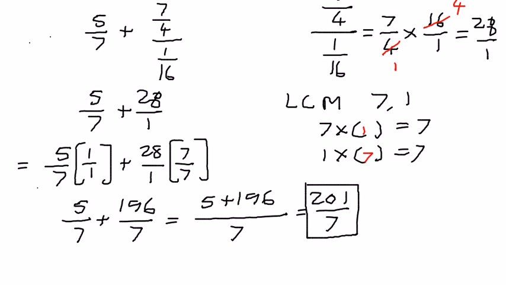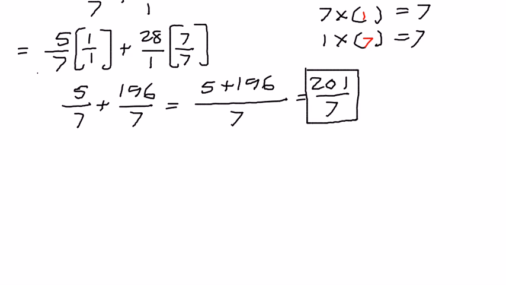An improper fraction is a fraction where the numerator part is greater than the denominator part. We can express this in a mixed number format. So therefore we can take the numerator and then divide it by the denominator part. So in here, 7 times, we're going to do the long division. 7 times what number is equal to or less than 20? 7 times 2 is 14.